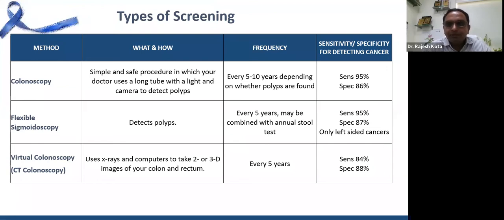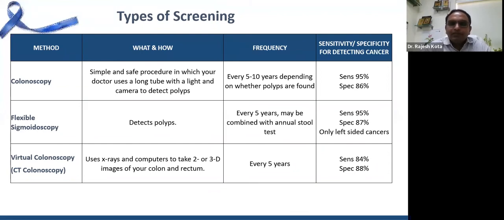But here, because of our vegetarian food habits, our diet containing fruits, vegetables and a lot of fiber, the incidence of colon or rectal cancers is lesser compared to developed nations or the Western world. So that's why it is not part of a mandatory screening program.